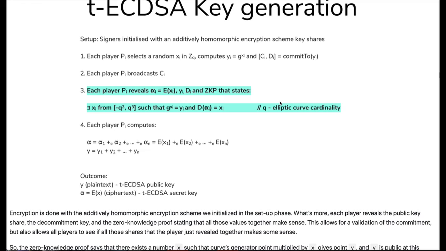And our zero knowledge proof on this guarantees that we can't cheat. So within the range, we can check some things, but we know that it has to be in a certain range, and that the private key portion has to have some properties to it. But basically, we want to distribute this, and when we distribute this, we know that the decrypted portion of alpha is our x, but we're not distributing the decrypted portion, we're only distributing the encrypted portion.